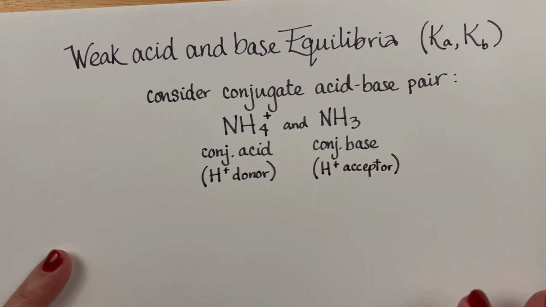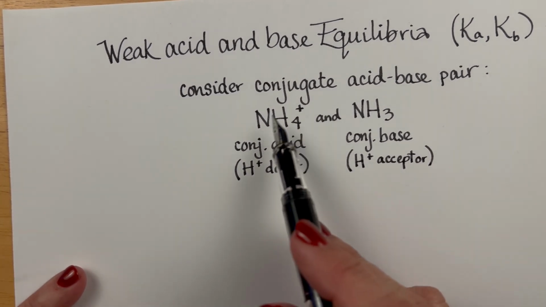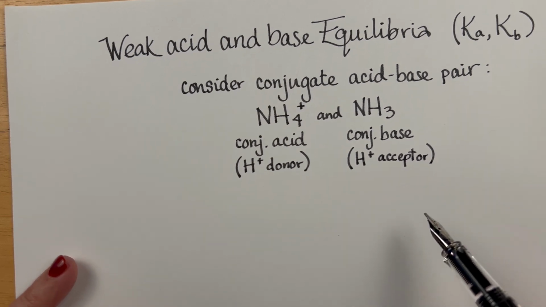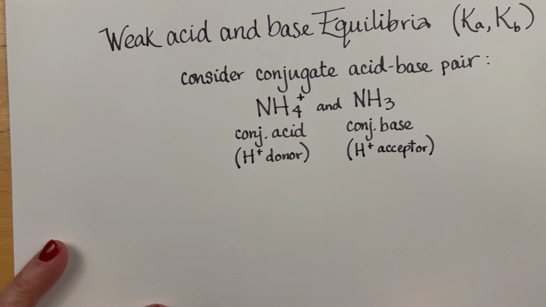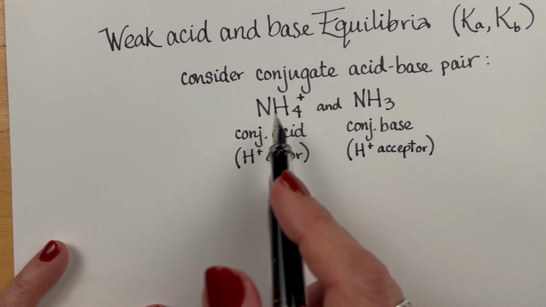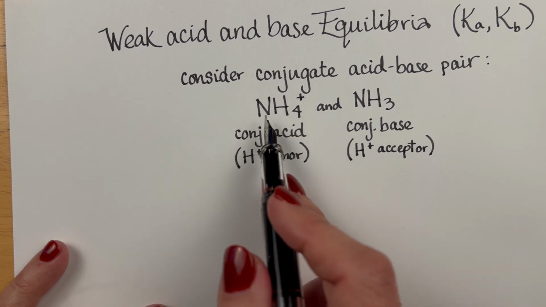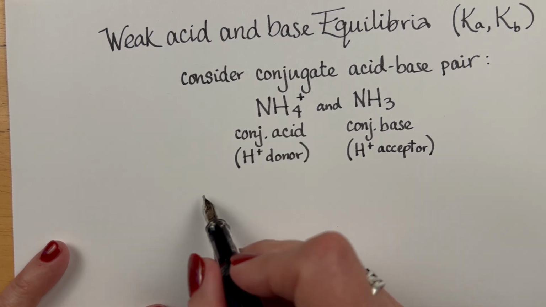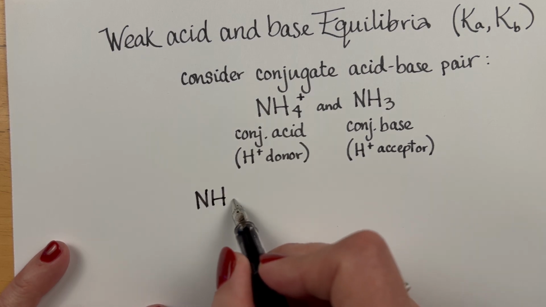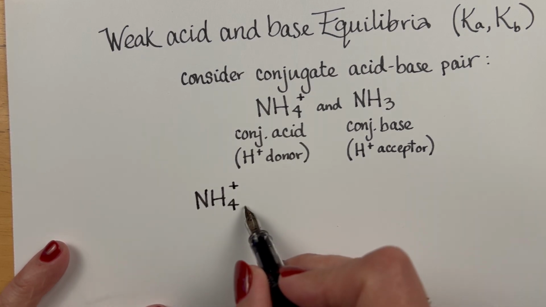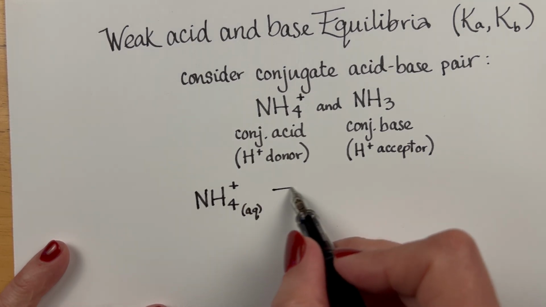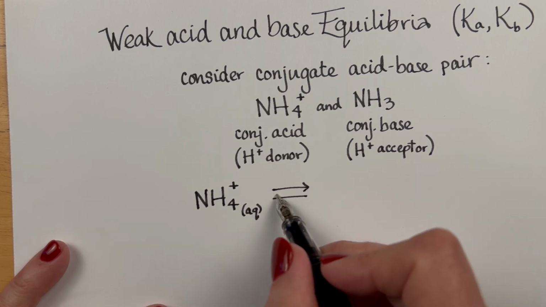Okay, so we can look at each one of these and look at the kind of equilibria that would exist for them in aqueous solution. In the case of our ammonium ion NH4+, it would look like this. We'd have our NH4+, aqueous.